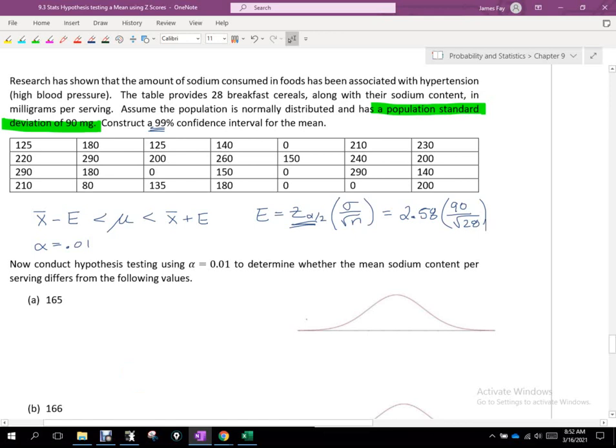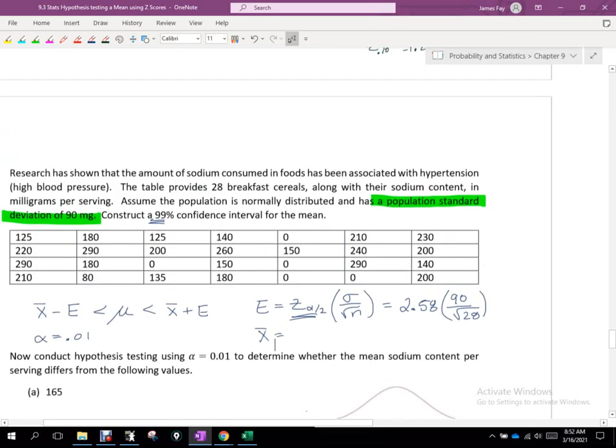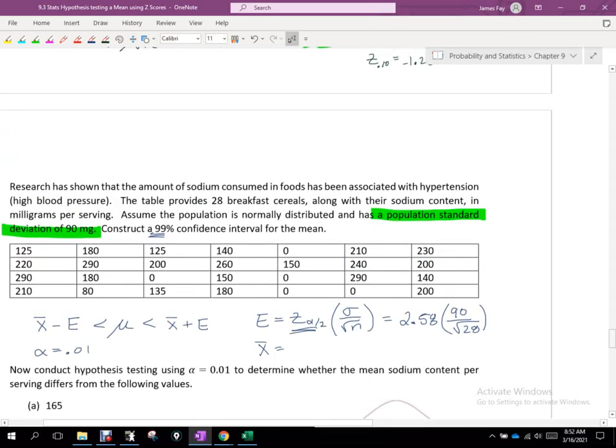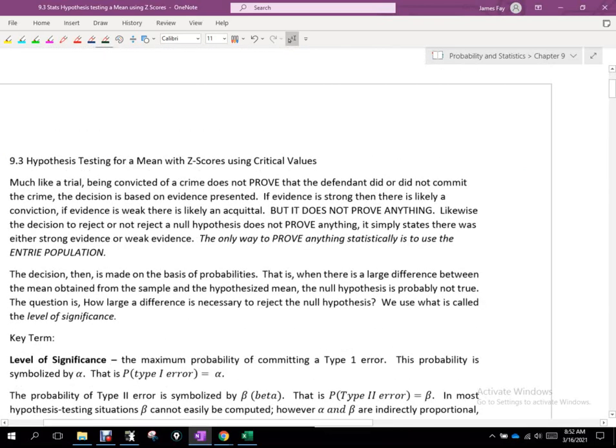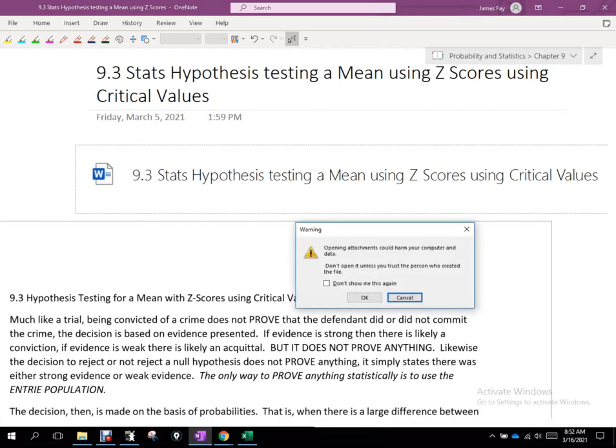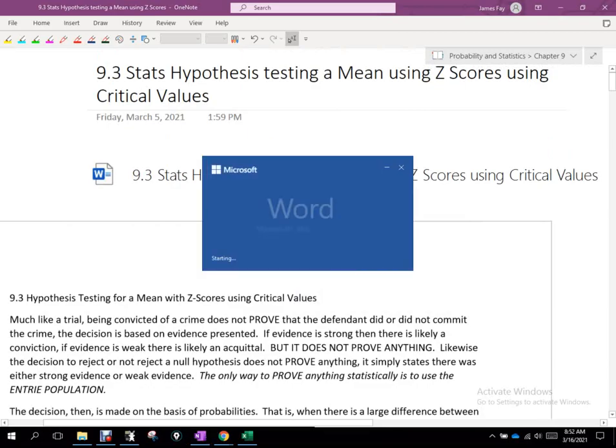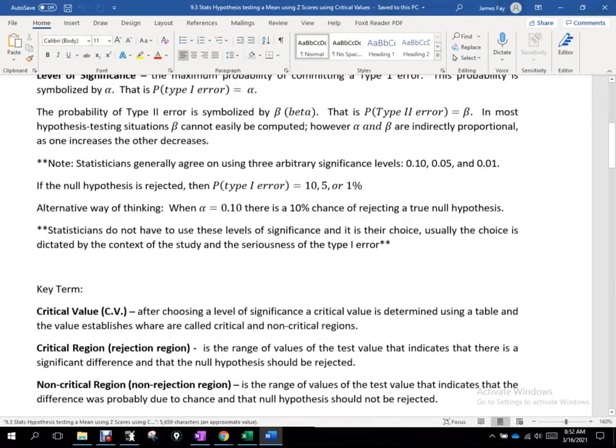So we got that. Now the next thing we need to do is find our x bar, which would be the average of these things, right? Okay. Now don't go ahead and do that, because just to save you guys a little bit of time, I think I can open this in Word and cut and paste those out.